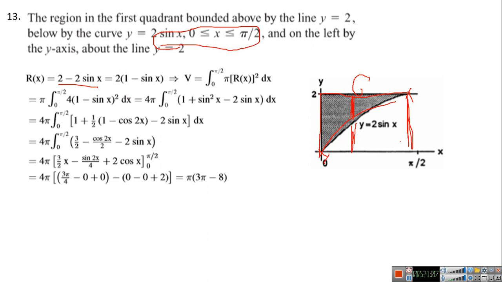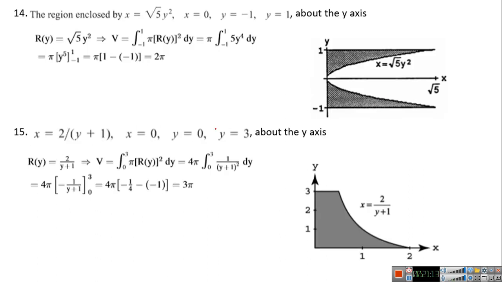We solved one similar. So you can solve it, or it's the same, or a repetition by mistake. I don't know. Anyway, the region enclosed, you have x equal, so it must be of that horizontal one. You have y from -1 till 1. So this is y equal -1, this is y equal to 1.